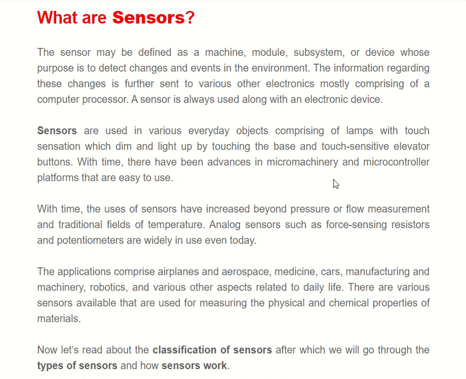So for example, let's take a lamp, right? That lamp that turns on by touch and dims and lights up by touching the base, and the touch-sensitive elevator buttons, right? So what is it? It is a sensor.